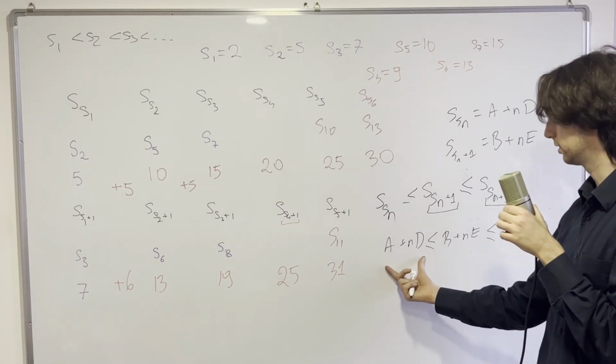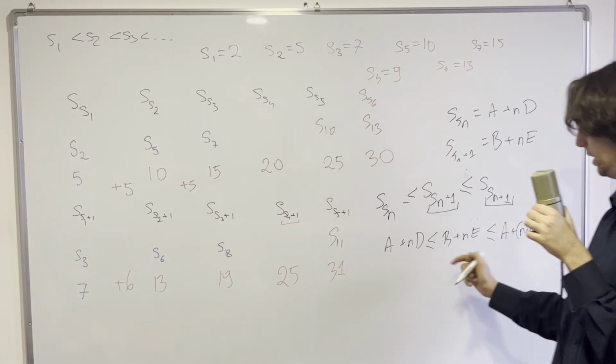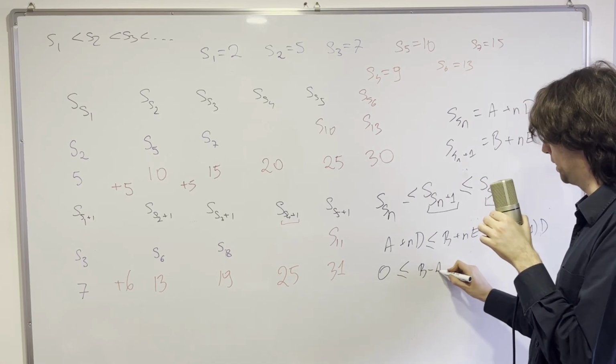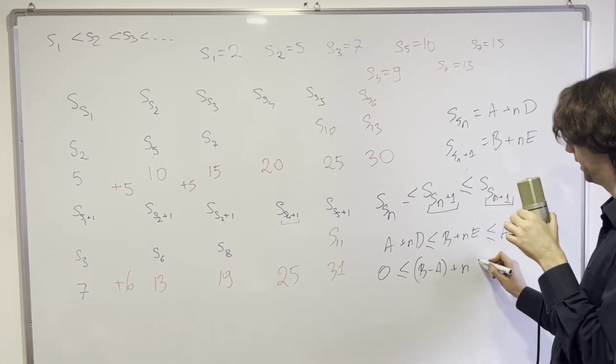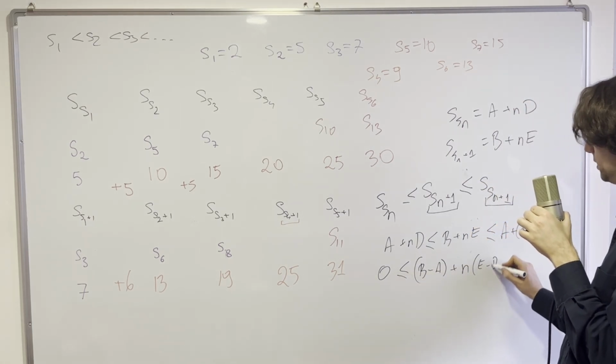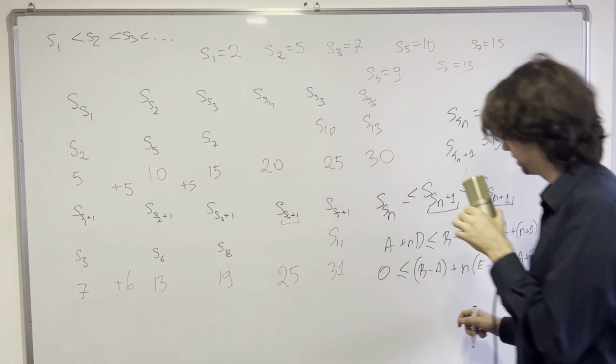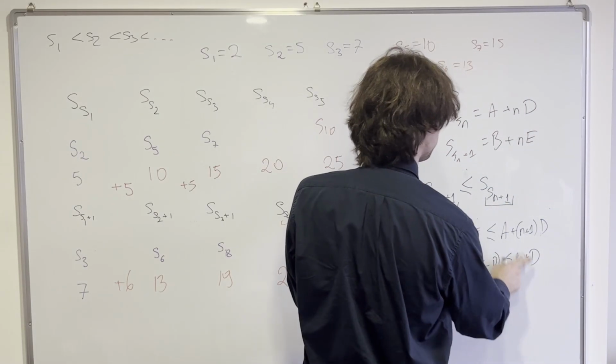Let's subtract A plus nD from all sides. Then we have 0, less than or equal to B minus A plus n times (E minus D), less than or equal to D.